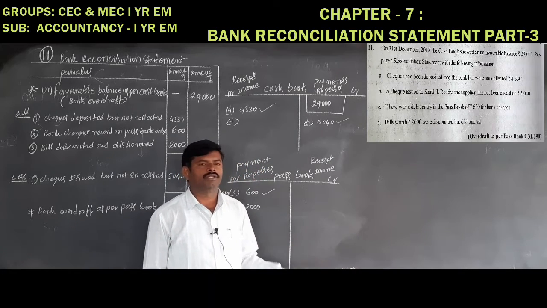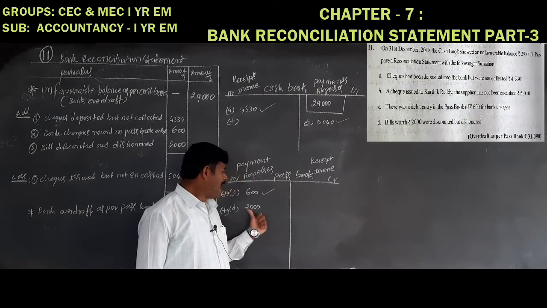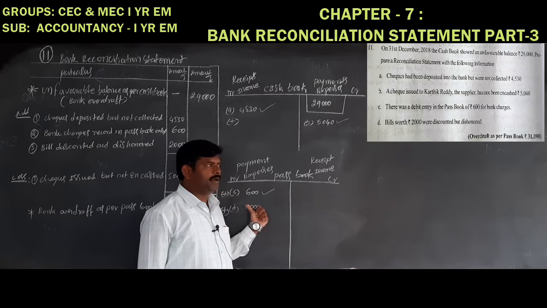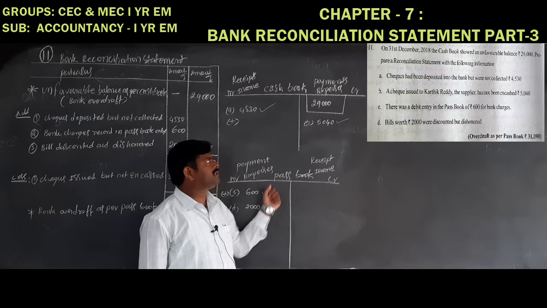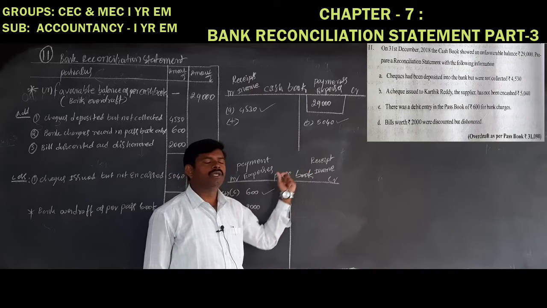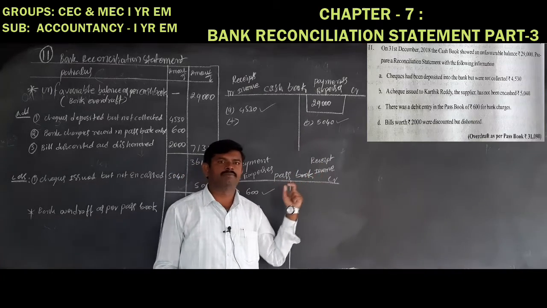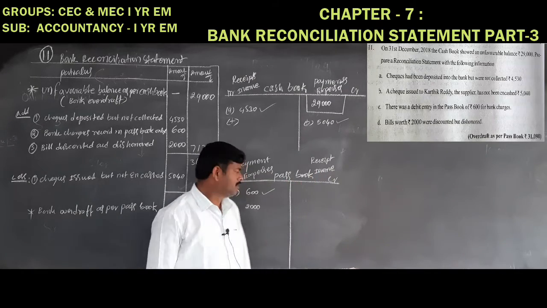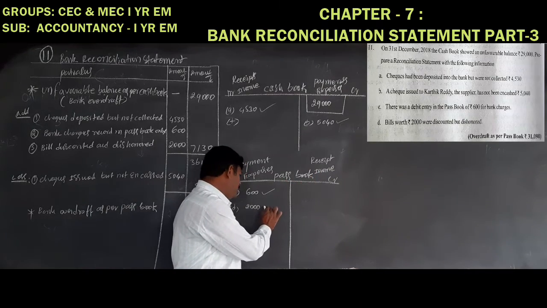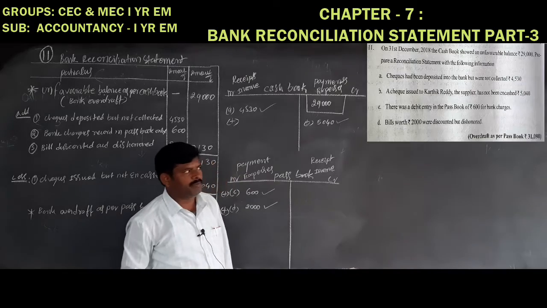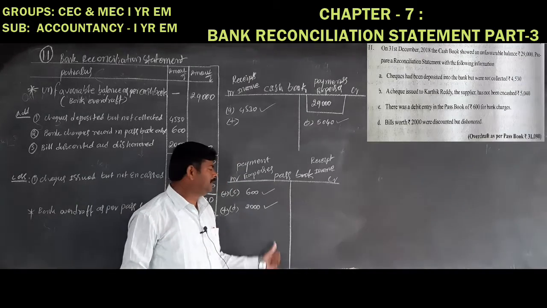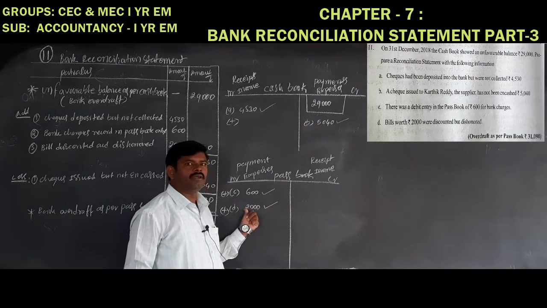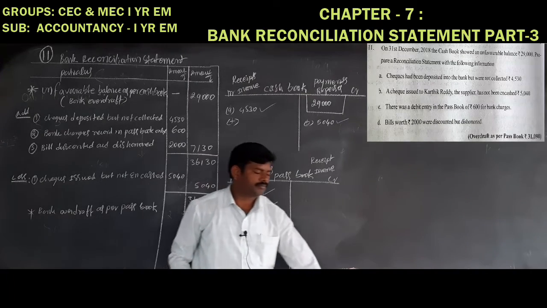So the bill discount and dishonor is recorded in the passbook with no entry in the cash book, so it will show the difference between the cash book and passbook balances. When a bill is discounted and dishonored, the bank must be debited. Remember one thing.